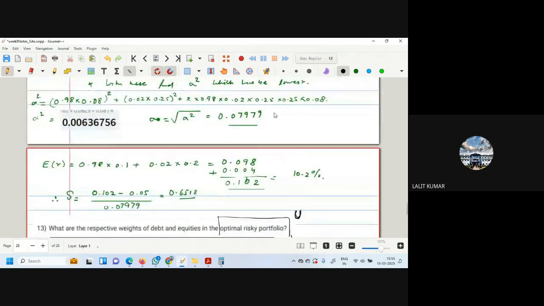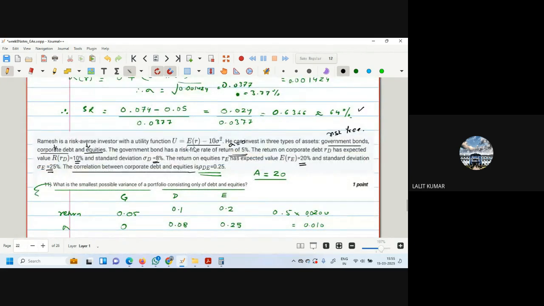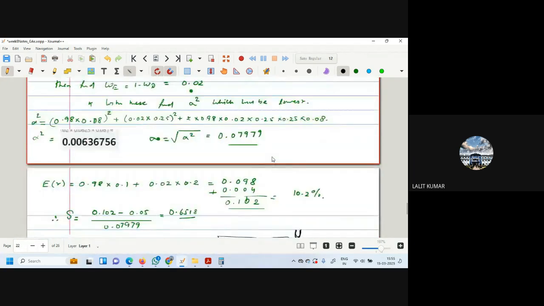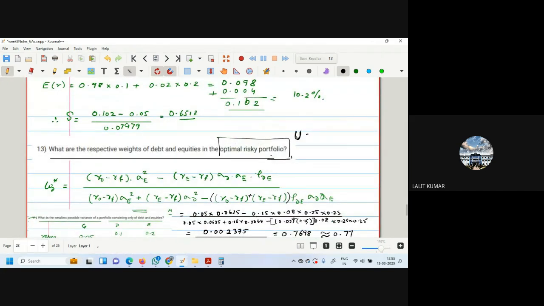He had given the utility function ER minus 10 sigma square. So whenever you are saying optimal risky portfolio, there you try to find the W from here. Either you can use this formula, which is slightly complicated, or you can put the values of this ER which is there.